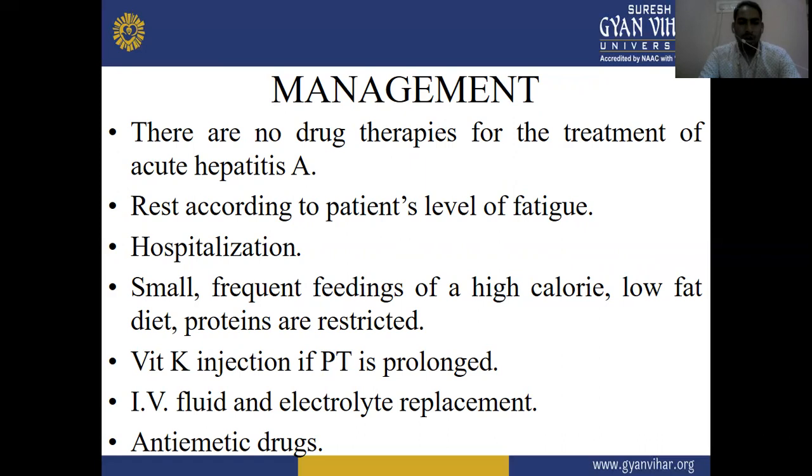Next is hospitalization and small, frequent feedings of a high-calorie, low-fat diet, with protein restricted during jaundice. Vitamin K injection is given if prothrombin time is prolonged.